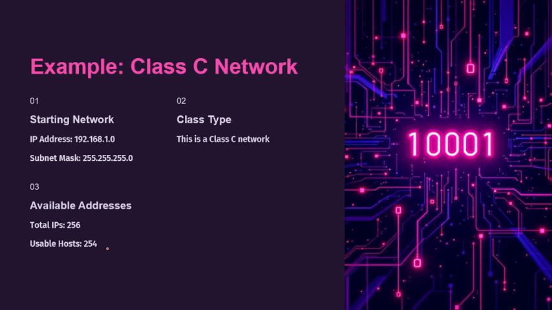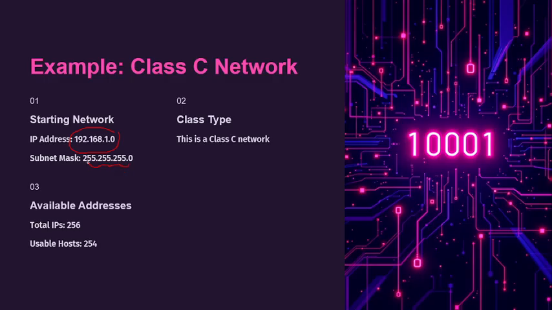Okay, let's take one small example to make you understand clearly what subnetting is. Let us take one Class C IP address, that is 192.168.1.0. By seeing this, we can easily identify this address belongs to Class C. So the subnet mask for Class C is 255.255.255.0.